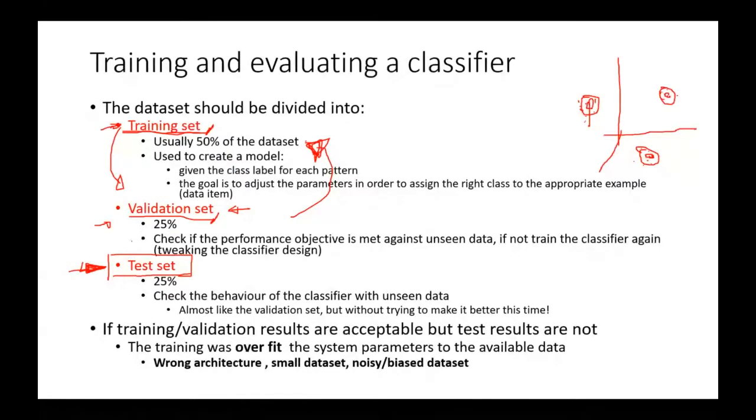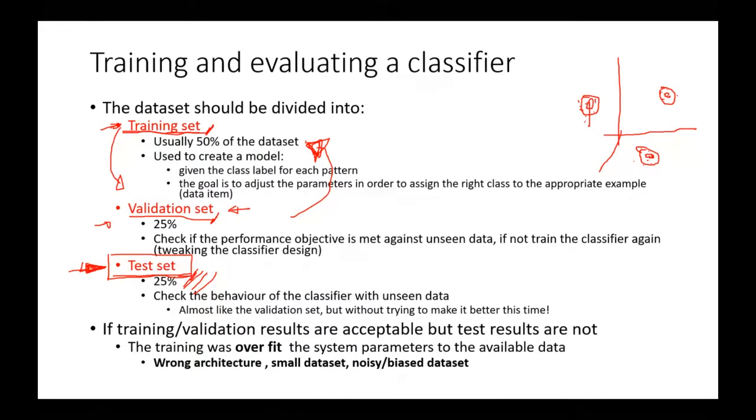So you don't use your test set for changing your training model. That would be cheating, right? What you're going to publish, or use as the characteristics of your model, are the results that you get with your test set, right?